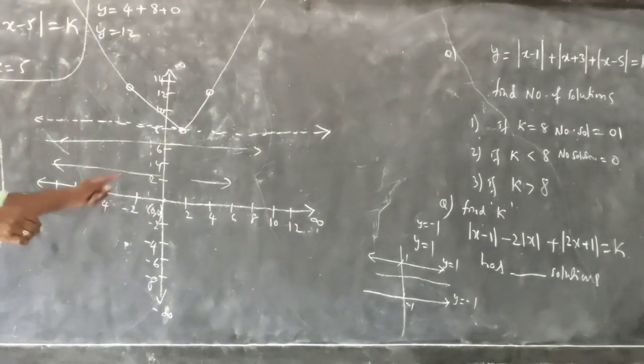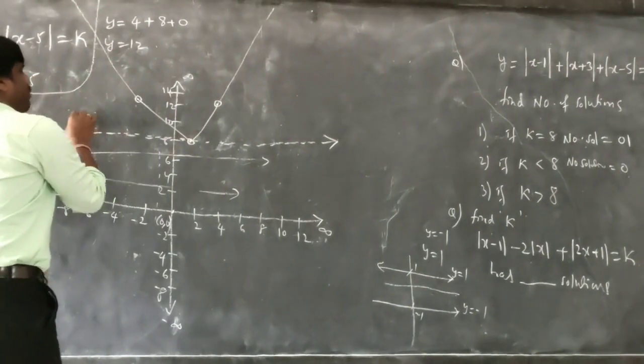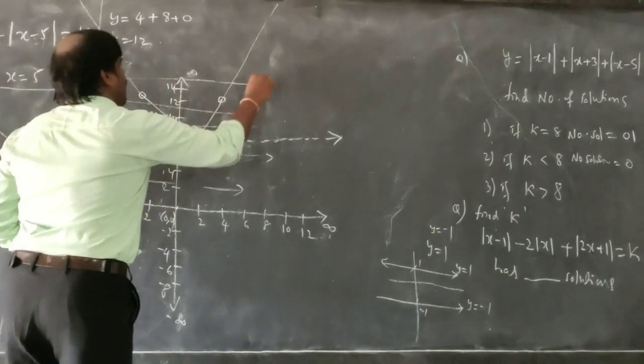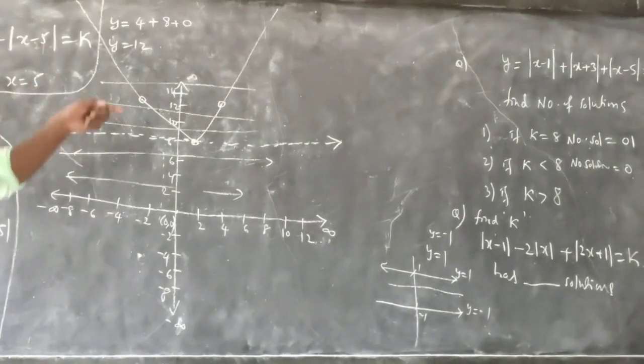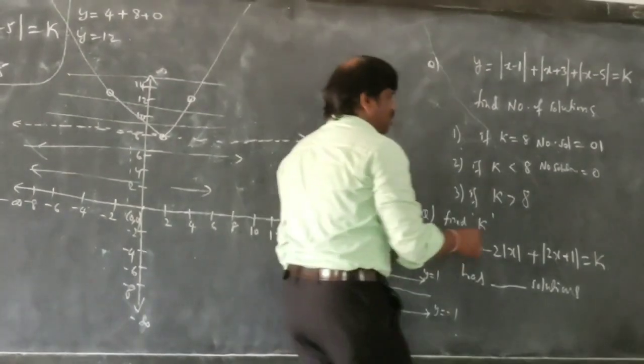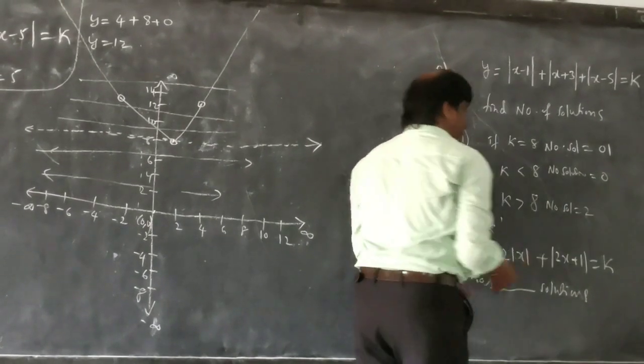When I say k is greater than 8, take any number more than 8 and draw the line, and the line cuts the graph in 2 points. So the number of solutions is 2. This is the way to do it.